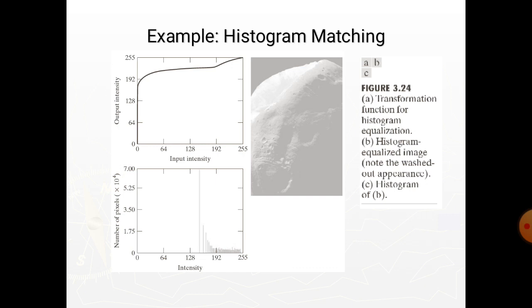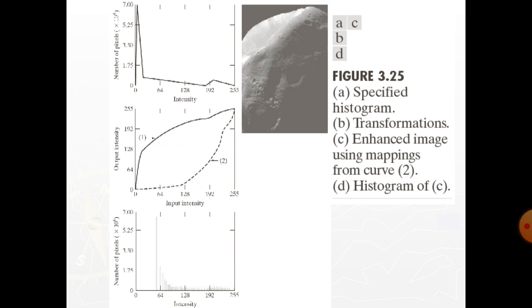When this transformation is applied to the levels of the input image to obtain a histogram equalized result, the net effect is to map a very narrow interval of dark pixels into the upper end of the grayscale of the output image. As shown in figure B, this is indeed the case, and the histogram of the image shown in figure C shows how all the gray levels are biased toward the upper half of the grayscale.